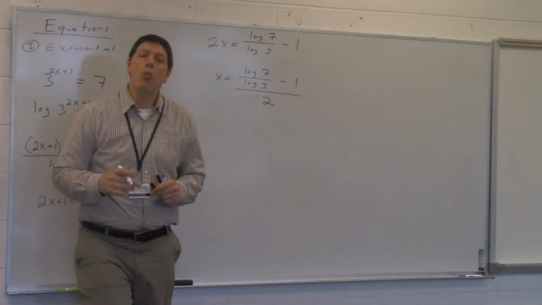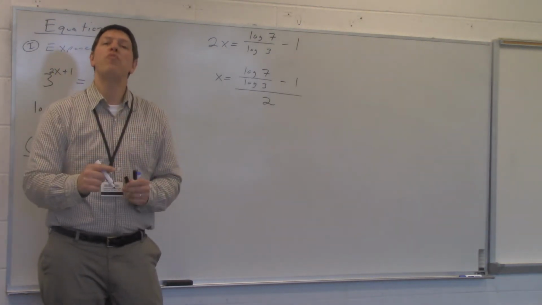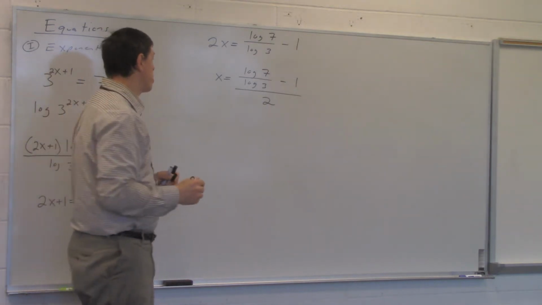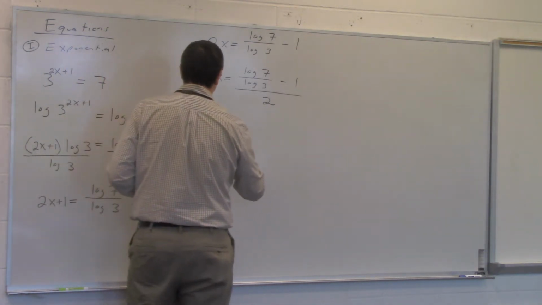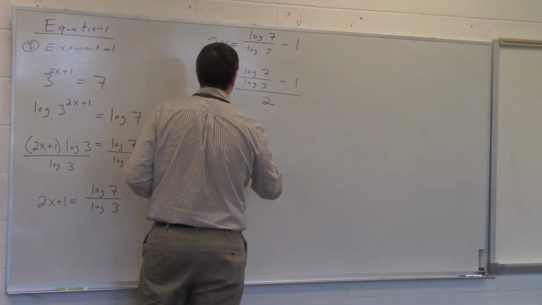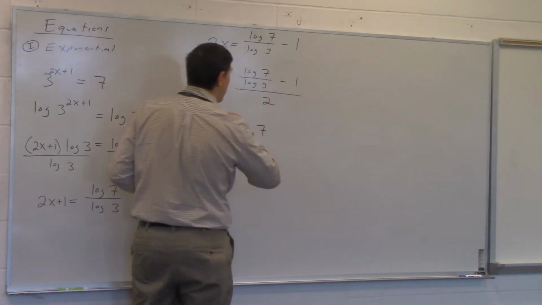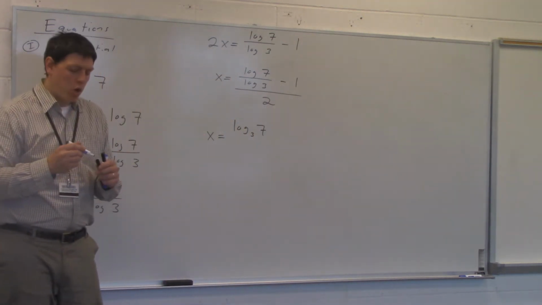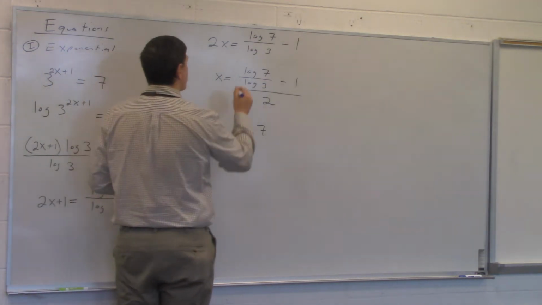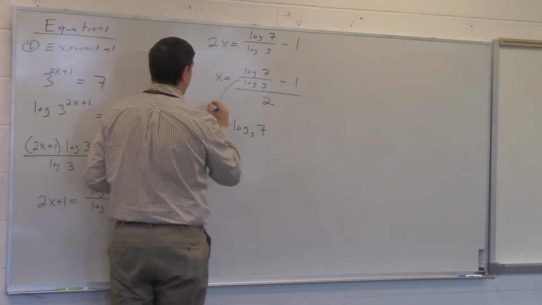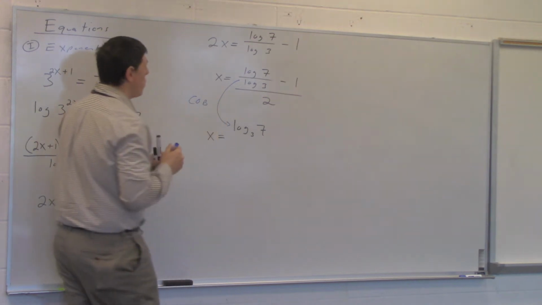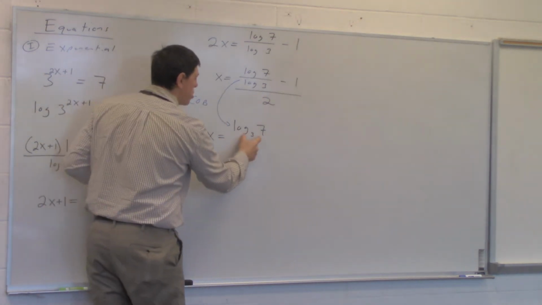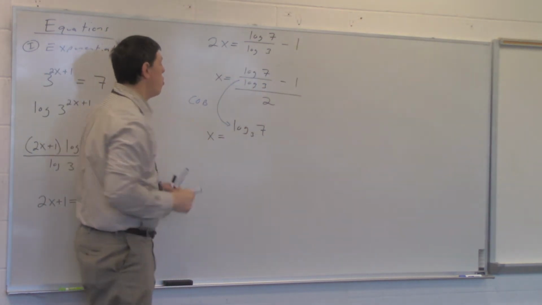Another way to write the answer, using the change of base formula that we saw in the previous section, would be to write it as x equals log base 3 of 7. So what we're doing is going backwards from the change of base formula. Usually what we do is take this and write it as log 7 over log 3.